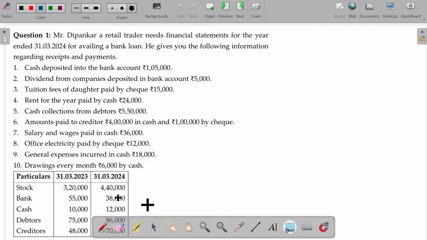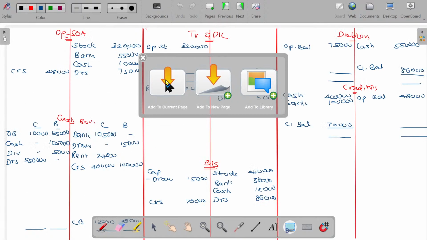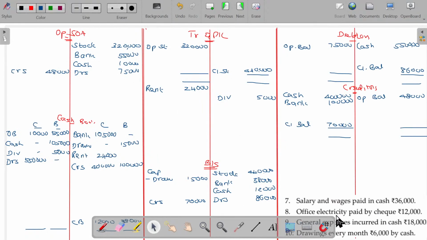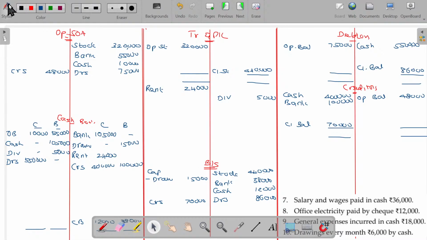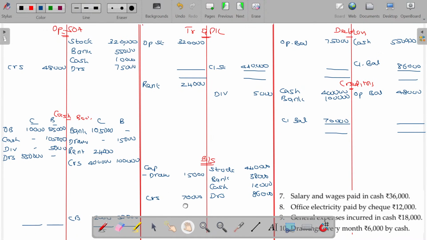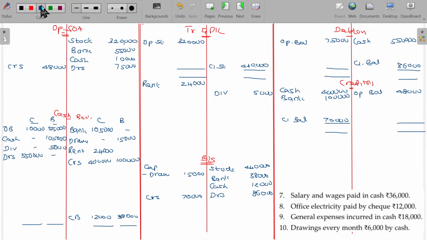Now let's go for the 7, 8, 9, 10. These 4 items are going to be posted here. Tell me, salaries and wages paid.